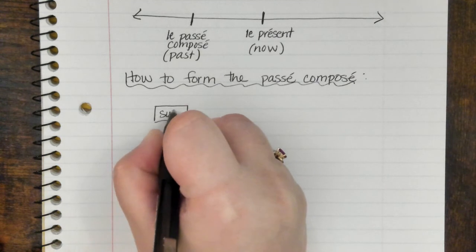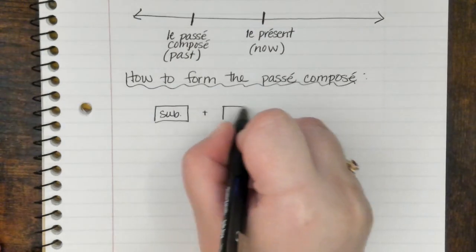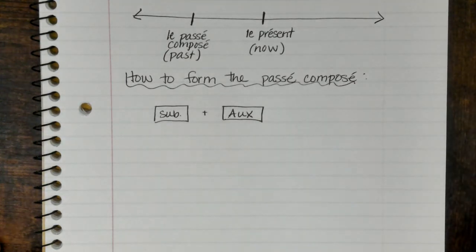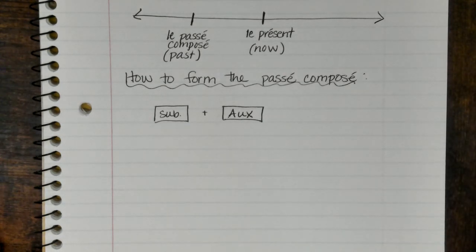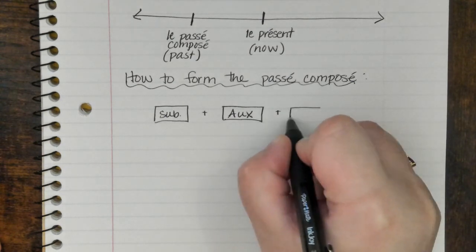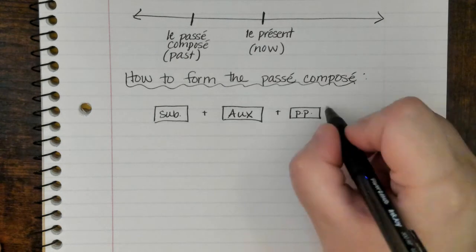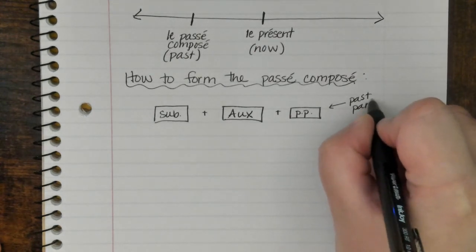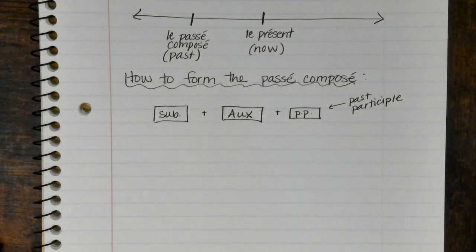One part is the subject. One part is the auxiliary verb, and I'm going to just call it AUX, or auxiliary. In English, sometimes we call these helping verbs. And then there's the past participle. So this is the past participle. And we'll abbreviate that to PP.